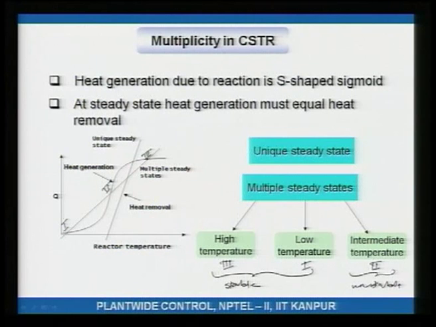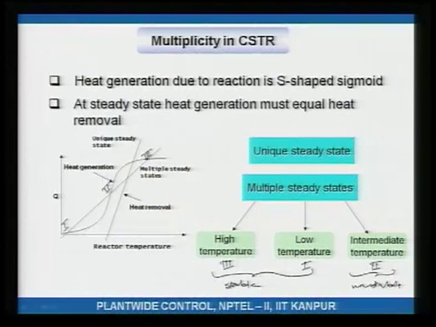The same logic holds true at steady state 1. At steady state 2, on the other hand, if the temperature goes up, the heat generation rate goes up faster than the heat removal rate, therefore the temperature will continue to increase unless you take control action to increase the heat removal rate. If you do nothing and the jacket temperature is held constant, then if the temperature at steady state 2 increases, it will continue to increase, and your reactor temperature will end up at steady state 3.